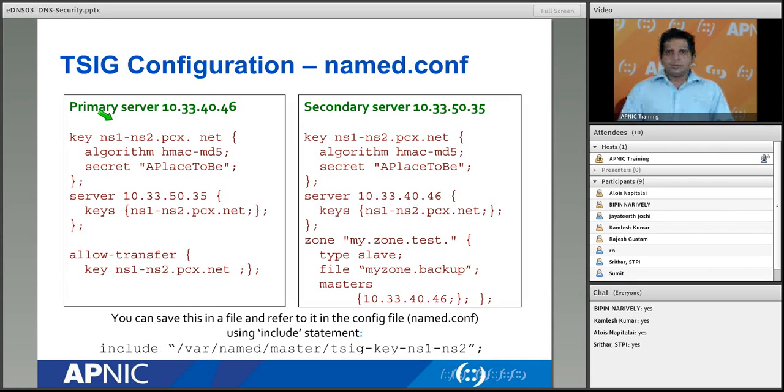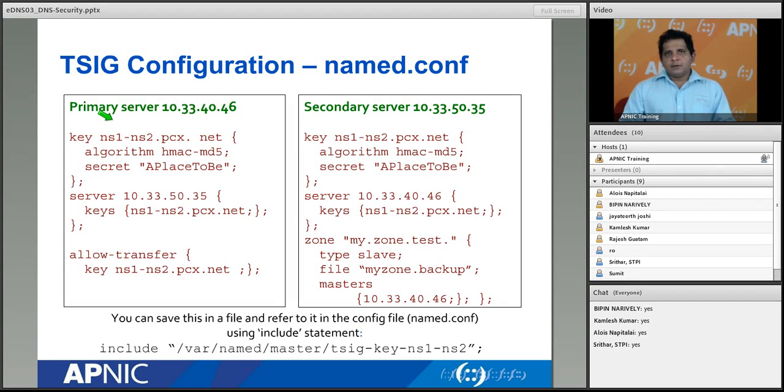Try to give some meaningful name here, because if you give random names for your key names, you can always get confused, especially if you're dealing with lots of keys, lots of secondary servers and lots of zones and so on.